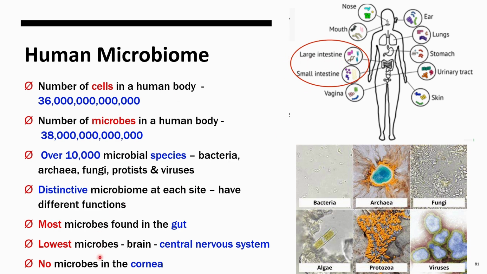And the lowest number of microbes are found in the brain, in the central nervous system, according to recent reports. It can affect the stress, your behaviors, those kinds of things. And you cannot find any microbes in the cornea of your eyes. You cannot find any microbes there. Except for that place, in all other places and surfaces in your body, there are microbes.